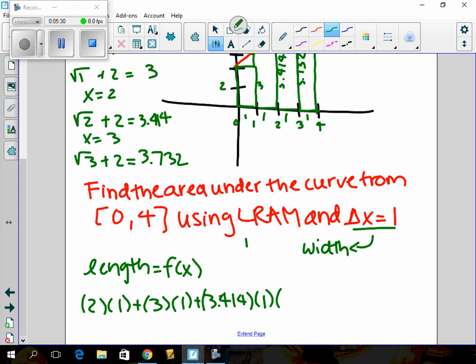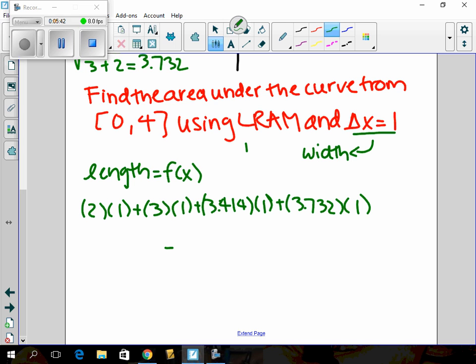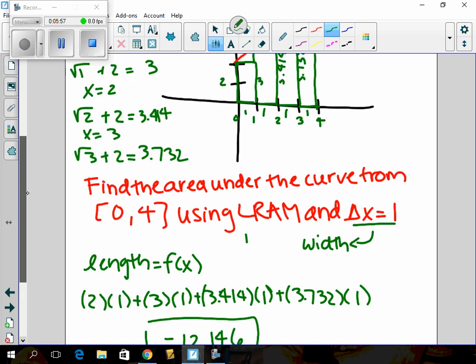And my fourth one had a length of 3.732 and a width of 1. So all I'm going to do is add those all together, and I just punch this in my calculator to get 12.146. So this is my LRAM approximation of the area under the curve, y equals the square root of x plus 2.